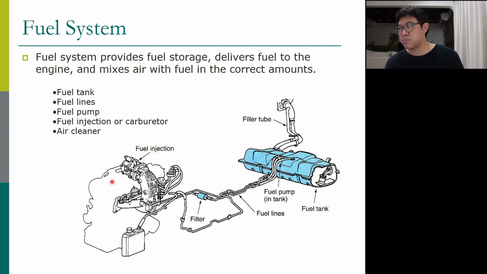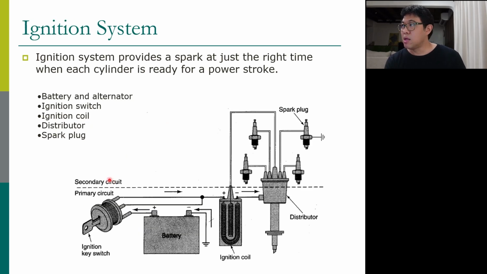and then the mixture goes into the engine. We also have an ignition system inside the car. Basically you have to create a spark. The spark is created by this spark plug. You need a high voltage electrical source, and then you create a gap between two electrodes.